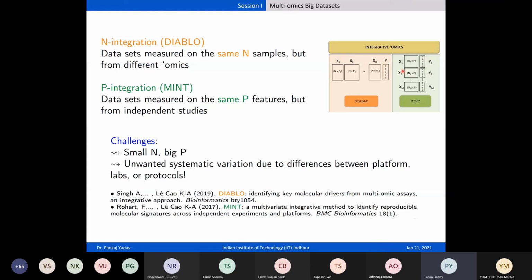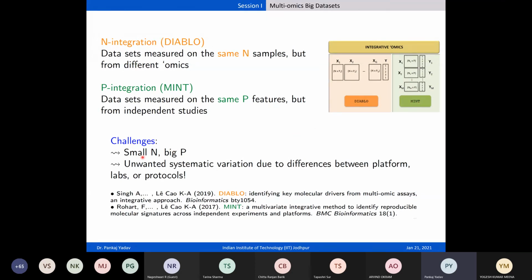Whereas in the case of the MINT approach, you have the same features, but the individuals are different. So you can have independent studies, where you need to perform integration across different study cohorts. If you have such data, you can work with the MINT approach.